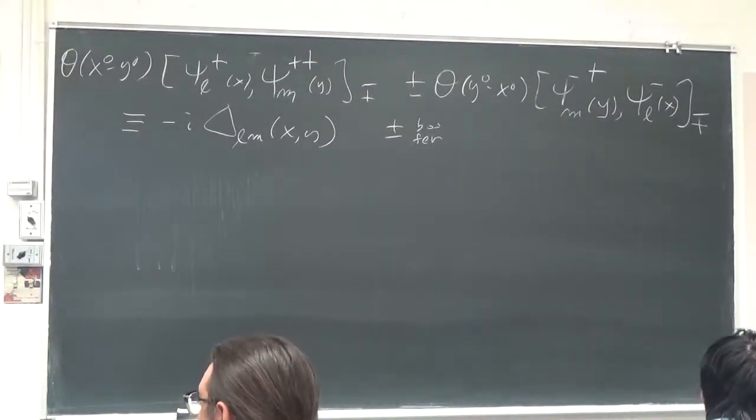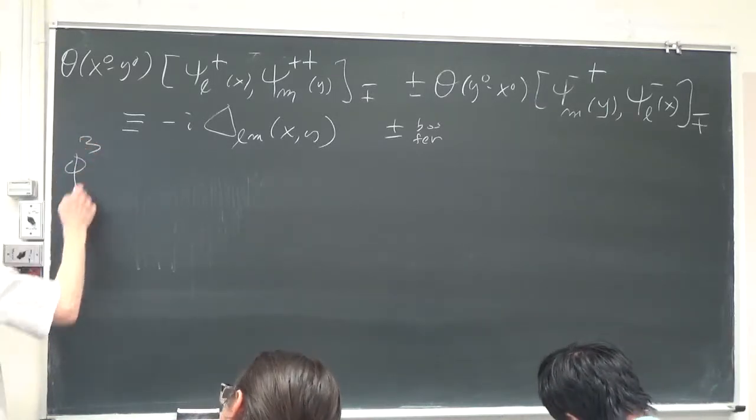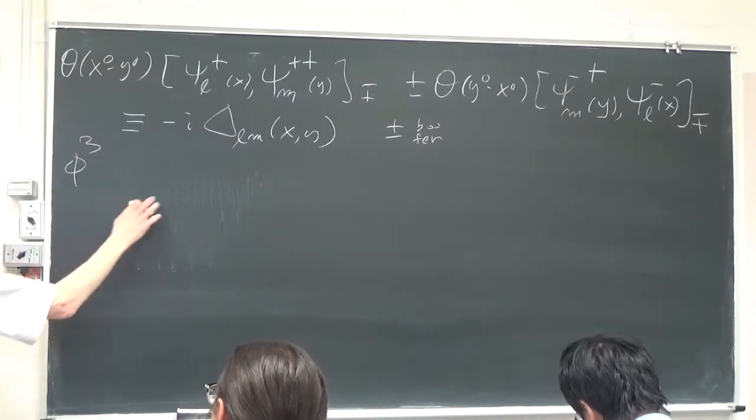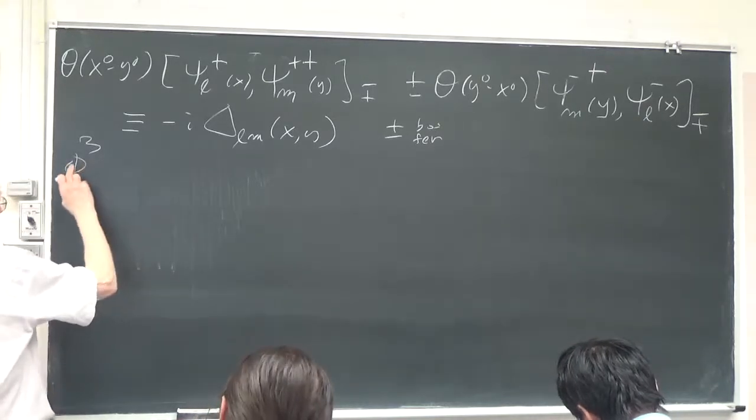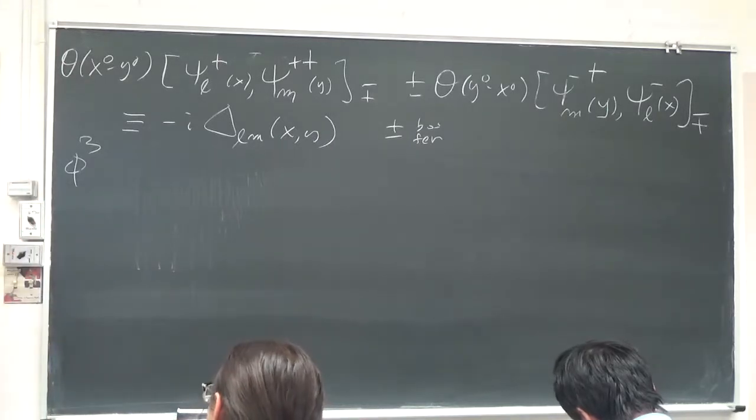Another thing is that if you have an interaction that might be phi cubed, and you have a particle in the initial state, there are three choices for which phi can annihilate that particle.